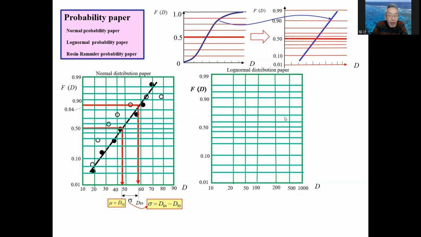Next, the log normal probability paper is shown on the right. This probability paper is also commercially available and can be downloaded from the internet. The vertical axis for F(D) is the same as in the left figure. However, the horizontal axis is scaled logarithmically, so the scale interval is not even.